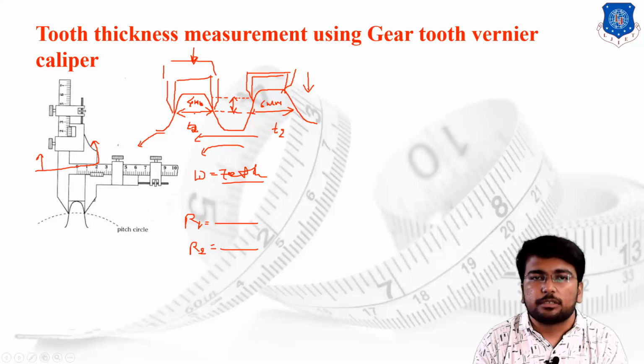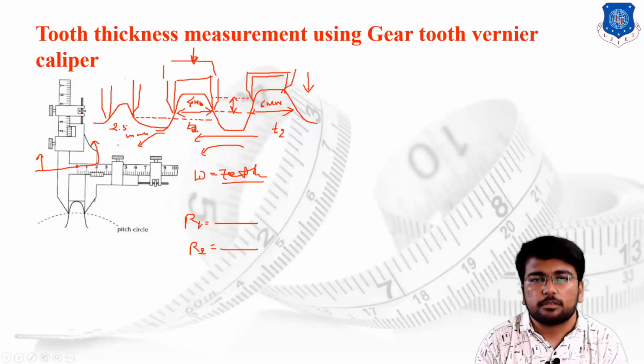And suppose another tooth has a very small thickness, let's say 2.5 mm, then there might be a chance that your vernier caliper will move drastically inside the body of the tooth. You can check this from the figure as well.